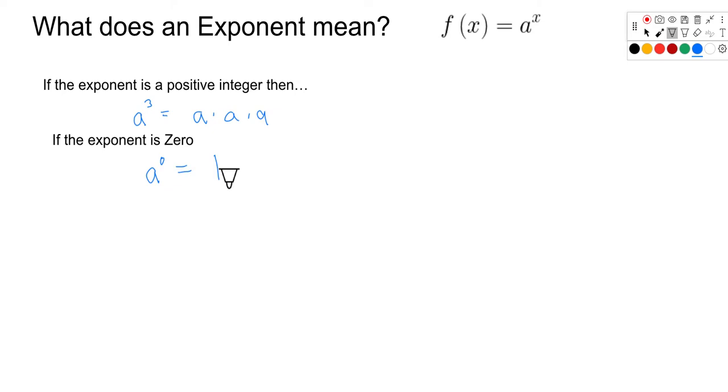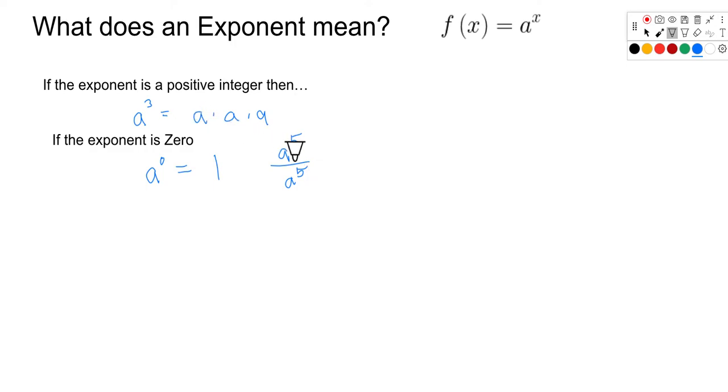But any other number to the 0 power, and where that comes from, we'll talk about with the laws of exponents, but you should probably already know that. If you had a to the 5th power divided by a to the 5th power, how do we deal with those exponents? We subtract them, right? Looking at that, this is a number divided by itself, so it should be 1, hopefully.